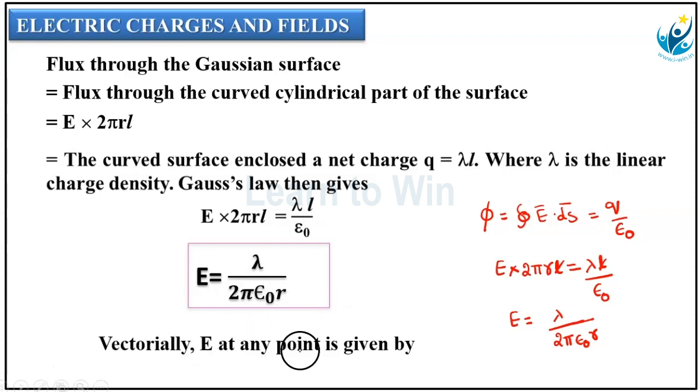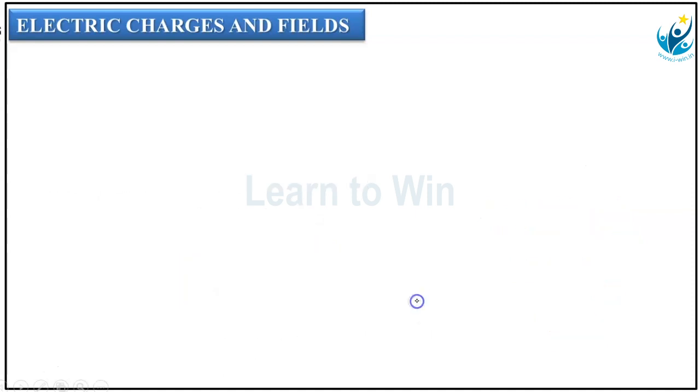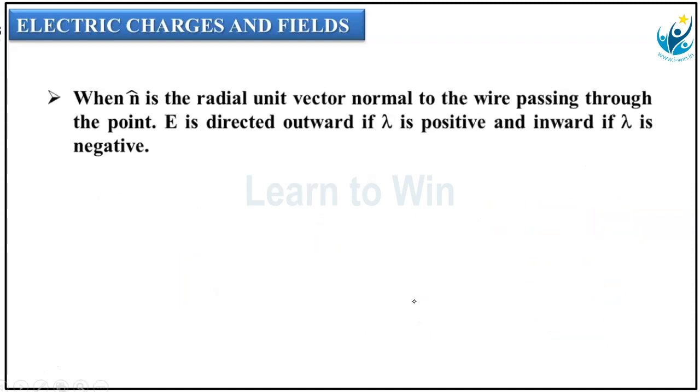Vectorially, E at any point is given by, already I explained, if the wire is positively charged uniformly, then lambda is positive. For lambda positive, at a given point, the electric field is directed outward.